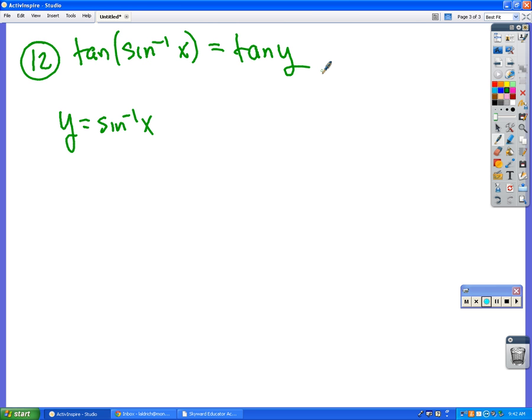Then this means that x equals the sine of y, right? Which means, how can I make the triangle?